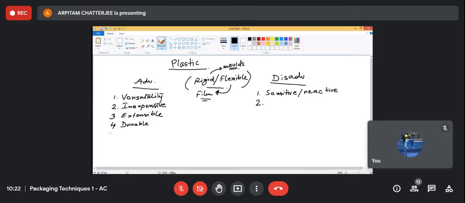So the durable point can be taken as an advantage, but whenever it comes to keeping the product intact, especially if it is a food grade product or a medicinal product which is going to be consumed, then plastic cannot be given a very high score in terms of quality preservation. If it is not a treated plastic, we have different treatments though, because plastic is sensitive. But the durable point you can put in advantage. Yeah. What next?